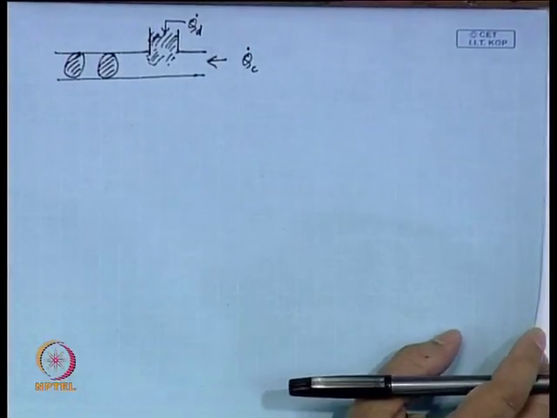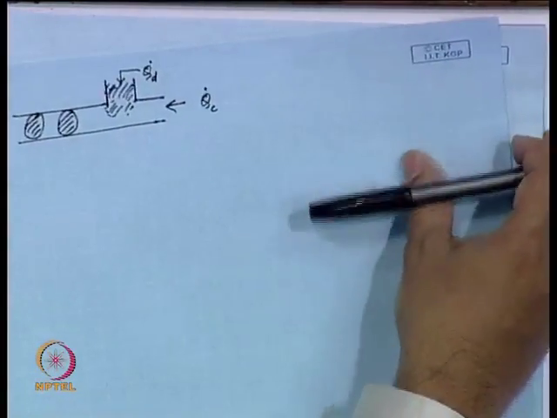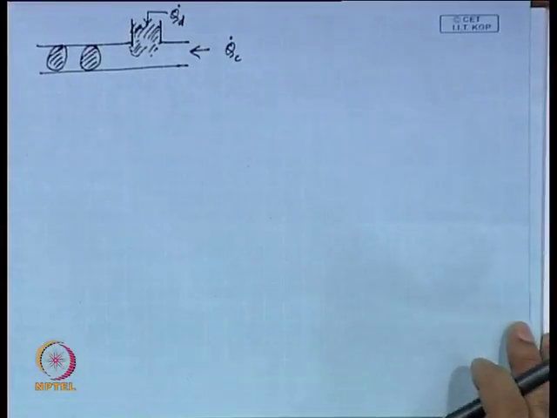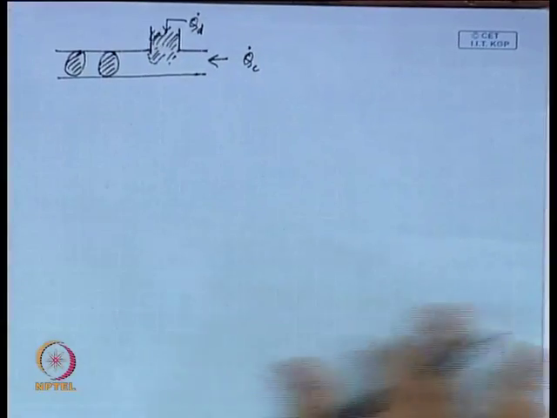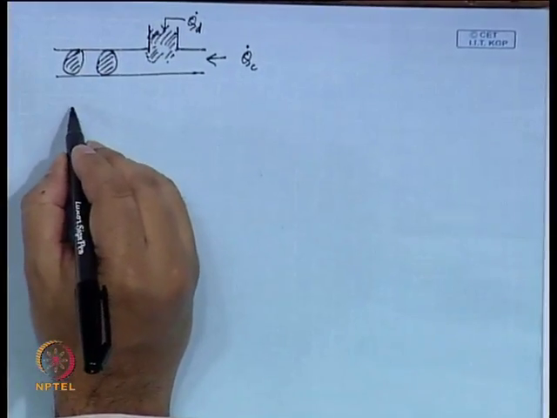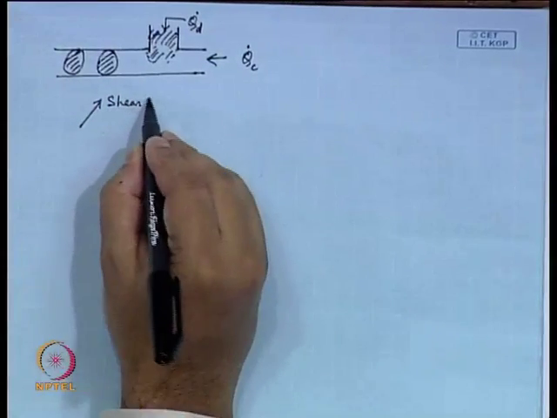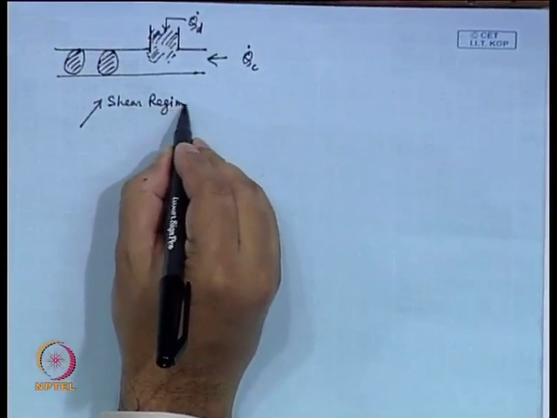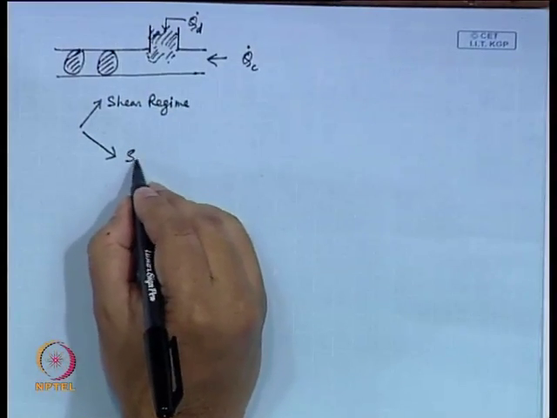When it comes to formation of droplet, there are basically two regimes. One is called shear regime and the other is called squeezing.